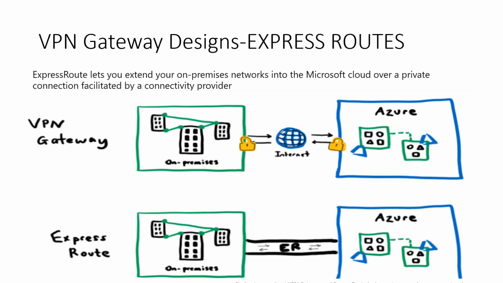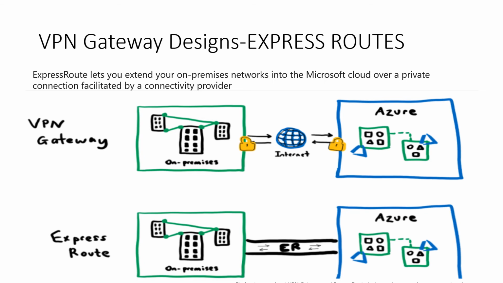So in the past lecture, we saw virtual private network. In this one, we will see a new design, how you can design a gateway using ExpressRoute. In this design, you can set up a private connection, or extend your on-prem network to Microsoft Cloud using a connectivity provider like AT&T.